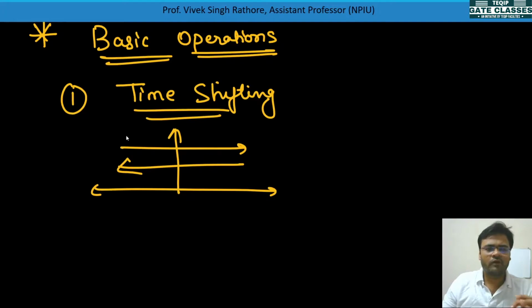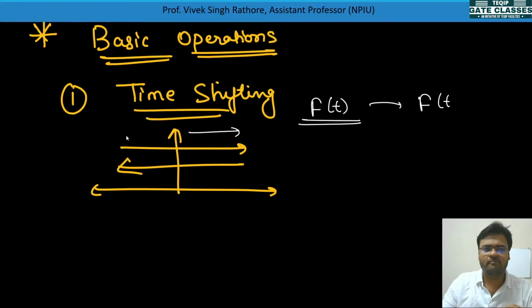If the signal is f(t) and we shift in the right-hand direction, we are actually delaying the signal. It is represented as f(t minus t0) if it is shifted by t0 time.